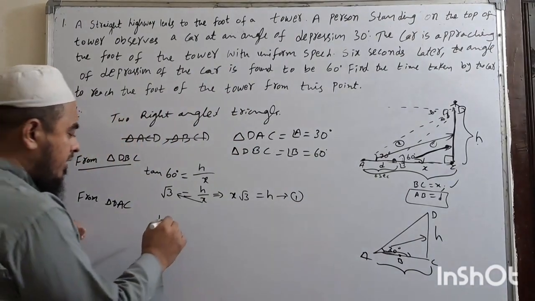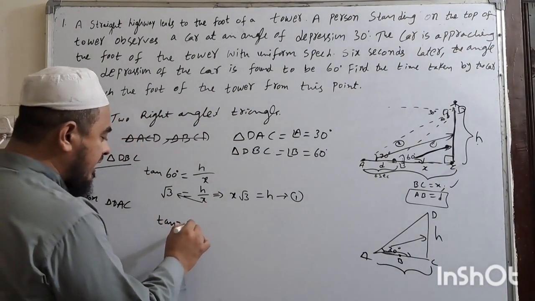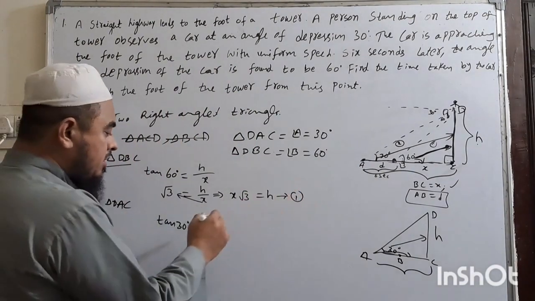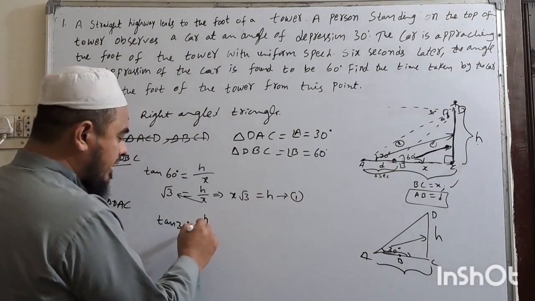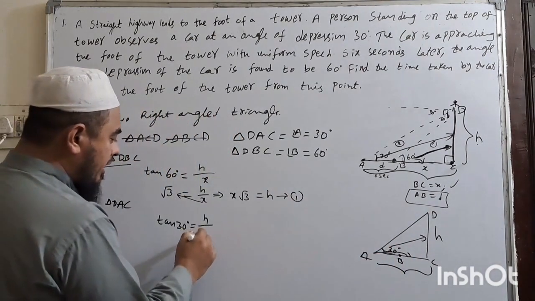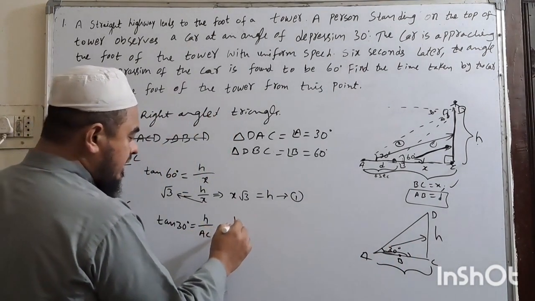So if you take tan of 30 degrees, what do we get? The length of the opposite side, H, divided by AC. Now what is AC here?